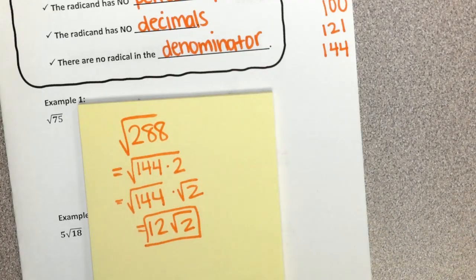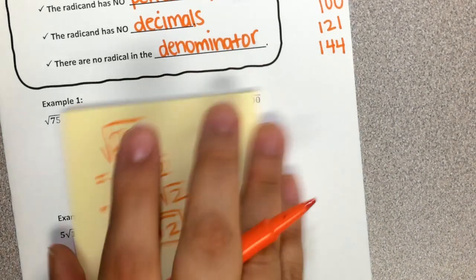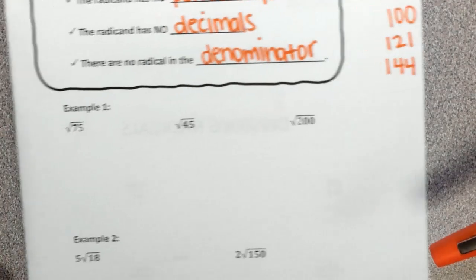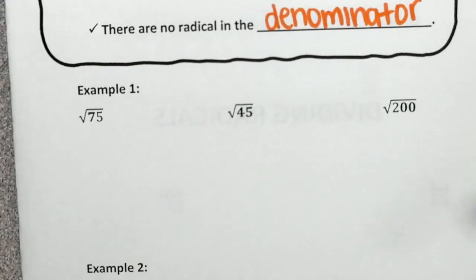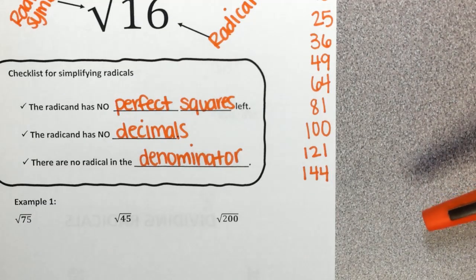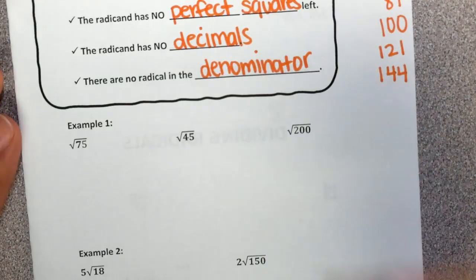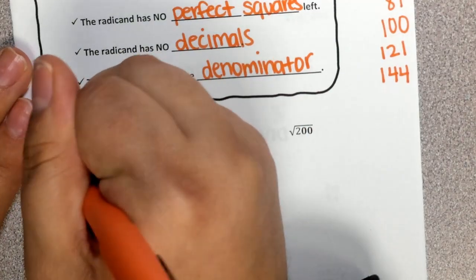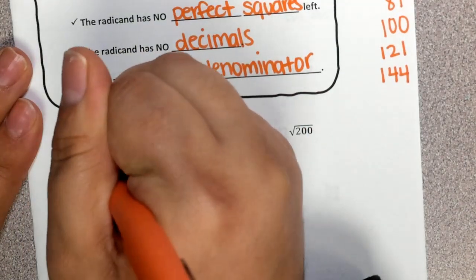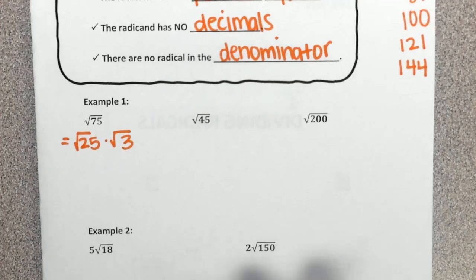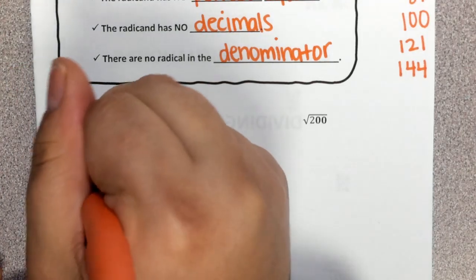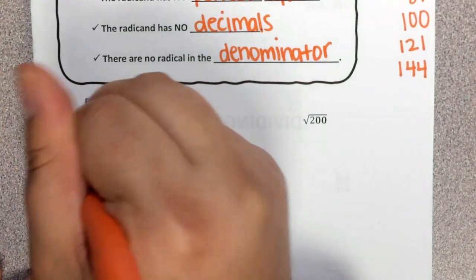Today we're going to practice like this. Okay? All right. So, if you can please look at 75. Which one of these numbers divides by 75 and gives me a pretty number? 25 times what? So I'm going to do the square root of 25 times the square root of 3. What is the square root of 25? So my answer is 5 square root 3.